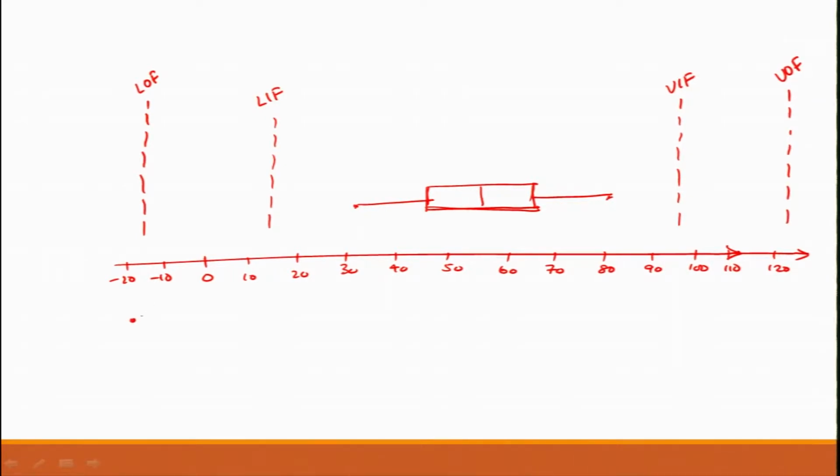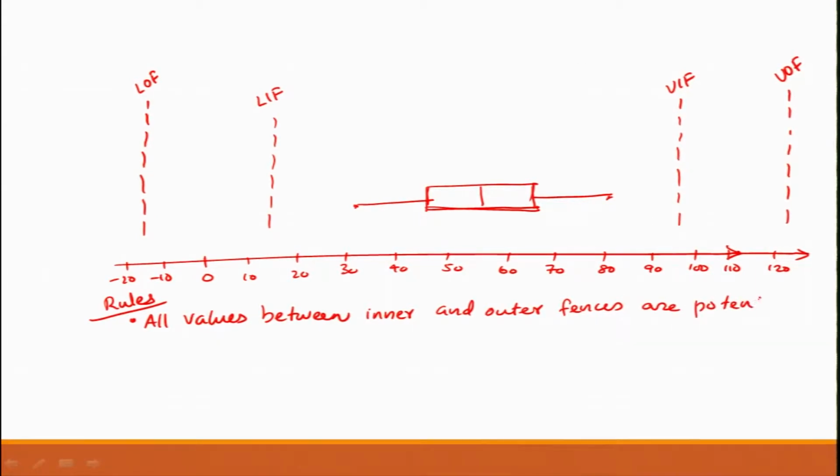The idea is this: all values between the rules, okay, the rules are this: all values between inner and outer fences are potential outliers. Okay. So, this area, this is a potential outlier. Okay.